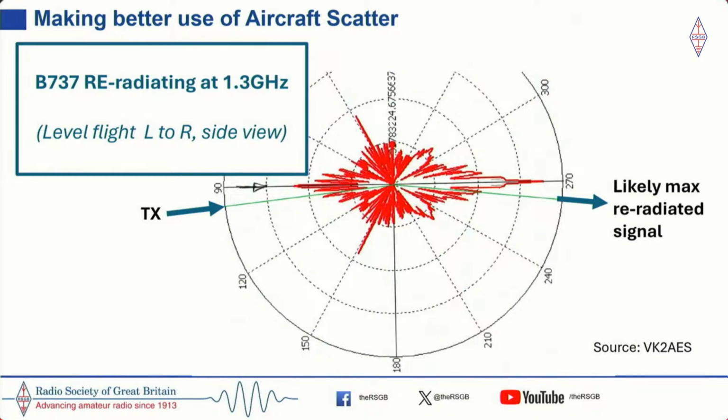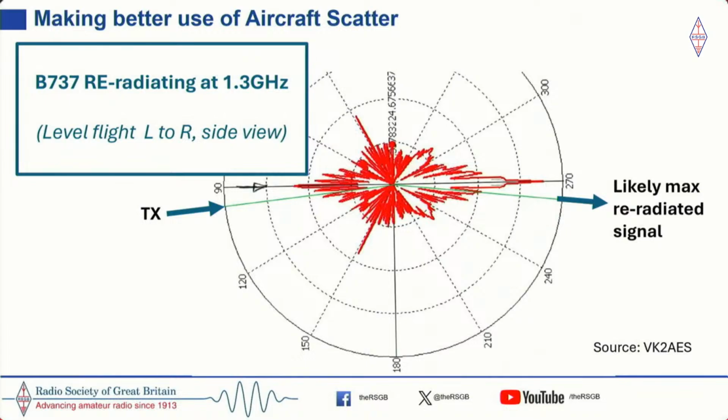The reason it looks like a bad attempt, there are actually two reasons. One is nobody had ever designed it to be a radiating antenna. The other is that it's an object many, many, many times greater in size than the wavelength. And that, by the way, is 1.3 gigahertz in this example.